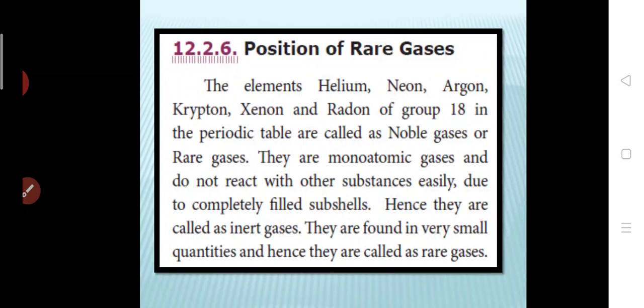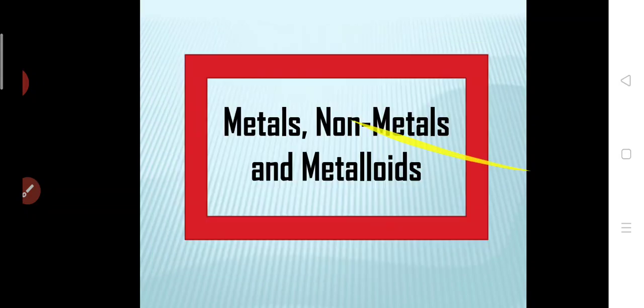They have completely filled subshells and don't react very easily. When do elements react with other elements? If they lack electrons or if they have excess electrons. But noble gases have completely filled subshells and don't react. They are highly non-reactive; that is why they are called inert. Inert means non-reacting to anything. They are found in very small quantities, and so they are also called rare gases.